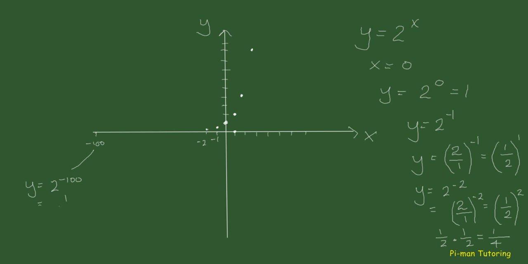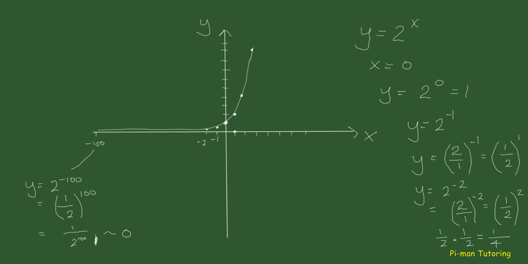That is the same as 1/2 to the power of 100, which is going to be 1 multiplied by itself 100 times, divided by 2 multiplied by itself 100 times. And obviously this denominator is a very large number, and so this is going to be getting closer and closer to 0. So our curve is going to look something like this.